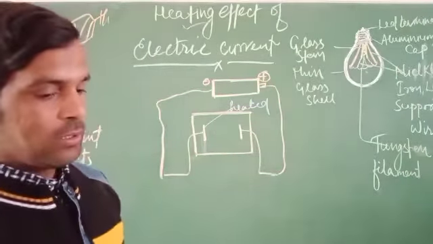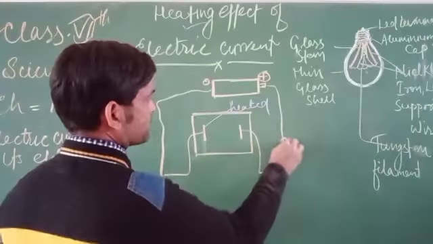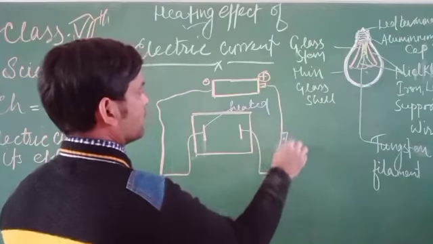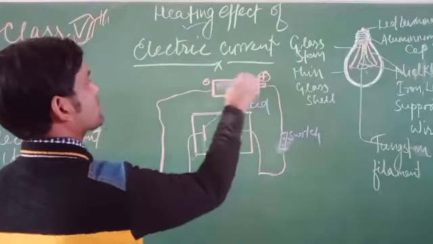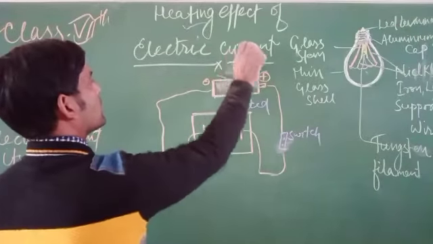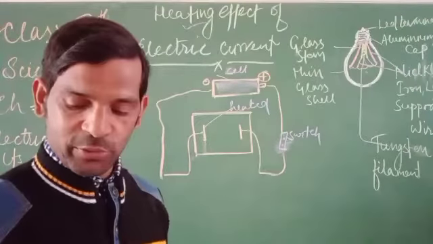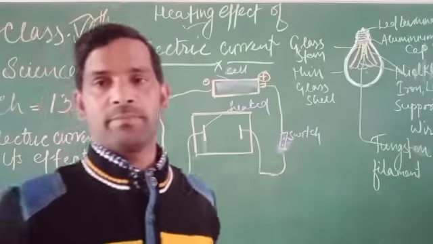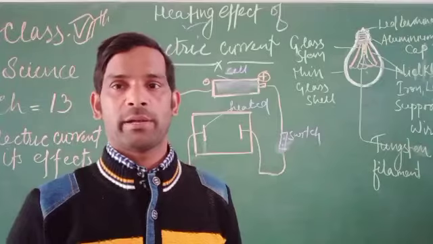This one is a switch, and this one is a cell. When the electric current is continuously supplied, the nail heats up, and this shows the heating effect of an electric current.